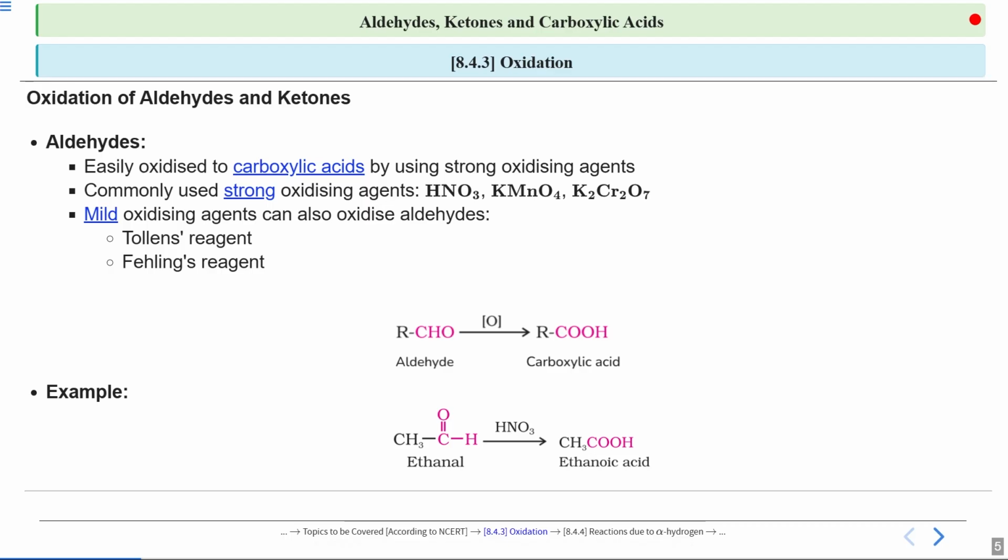When you treat ethanal with nitric acid, which is HNO3, it undergoes oxidation. So nitric acid acts as an oxidizing agent. Okay. So this ethanal undergoes oxidation and you get a carboxylic acid, which is ethanoic acid. In the case of carboxylic acid, you replace the E of alkane by OIC. So it is ethanoic acid, which is a carboxylic acid.